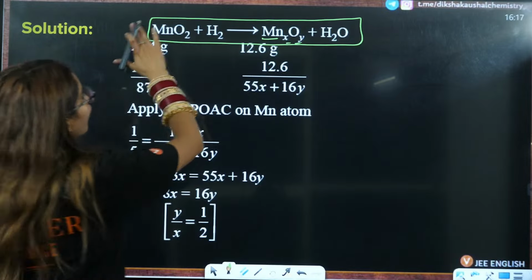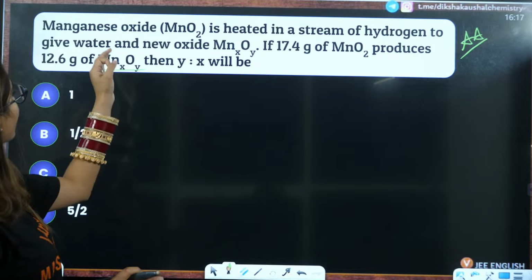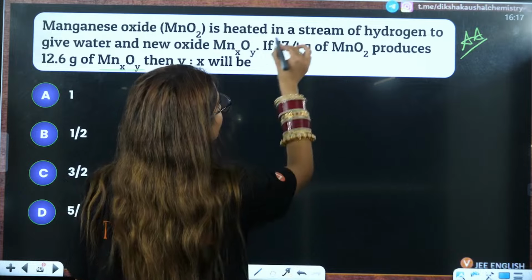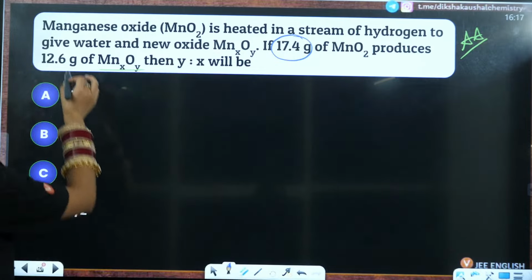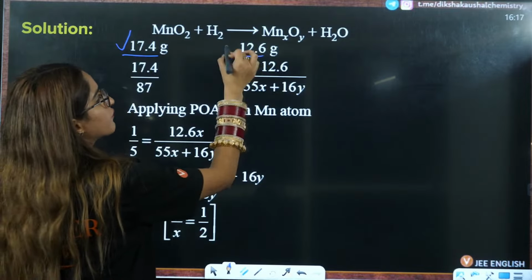Now what they have given is that it is heated in a stream of hydrogen to give water and this oxide. This much manganese oxide, which is already given, produces this much MnXOY. That means this is given to you, this is given to you.